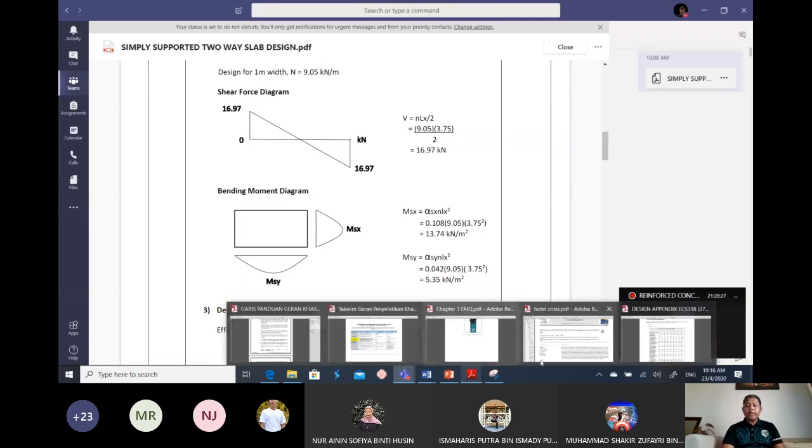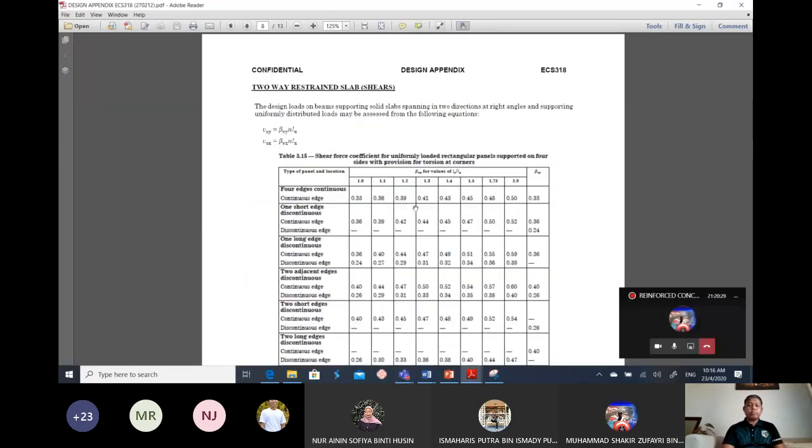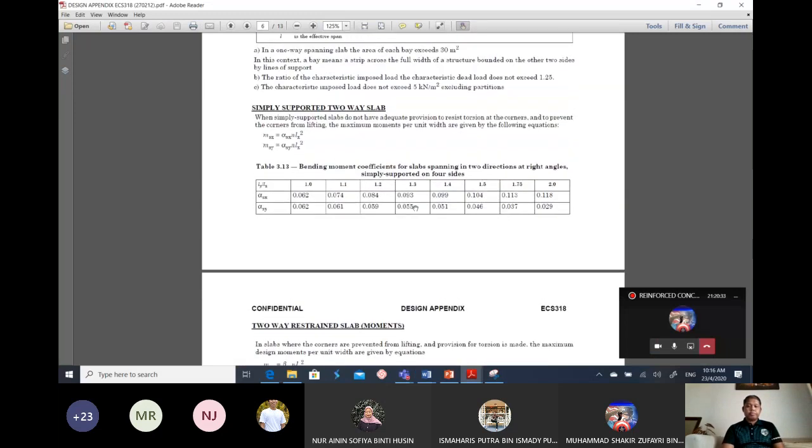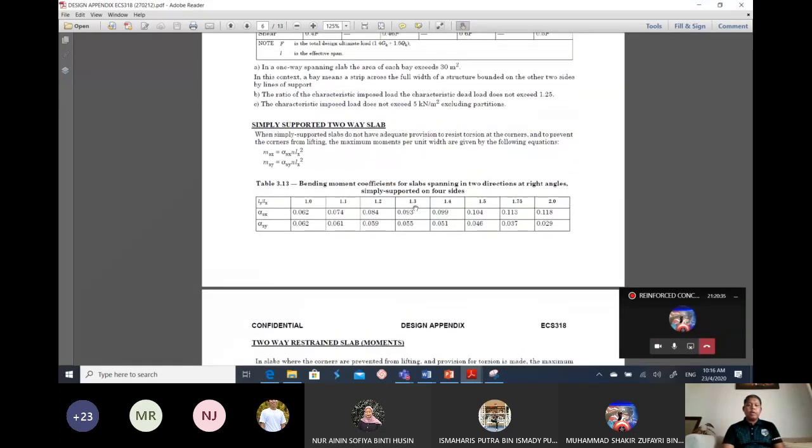By referring to the design appendix, Table 3.13, bending moment coefficient for slab spanning in two directions at right angle, simply supported on four sides. So you have to use this formula. For the short span, MSX is equal to alpha SX n Lx square. MSY is equal to alpha SY n Lx square.